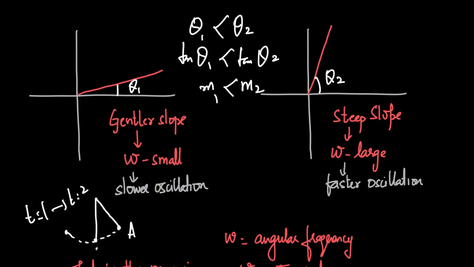So it started from O, it moves to A and comes to minus A. But during the same time, t is equal to 1 to t is equal to 2 seconds, the bob started its position here, it moved here, it traveled all the way back, it traveled all the way back again, and it traveled one more time. This would make it a faster oscillation.